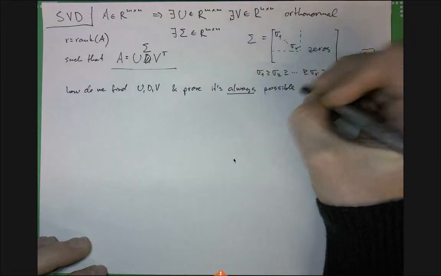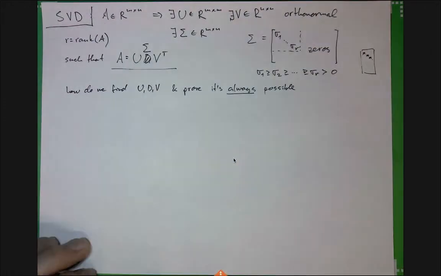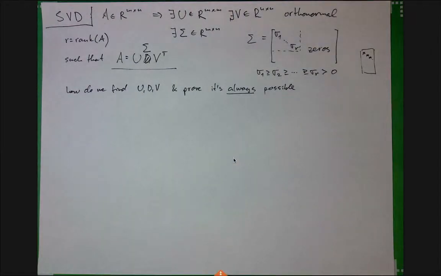For any matrix you can always find this decomposition. So it's not like a general eigendecomposition where we have all these funny cases. I kept telling you, oh, sometimes it doesn't work, sometimes there just aren't enough eigenvectors. With the SVD it's not a problem. It's guaranteed to always exist.